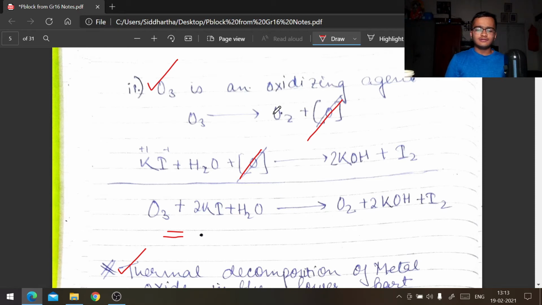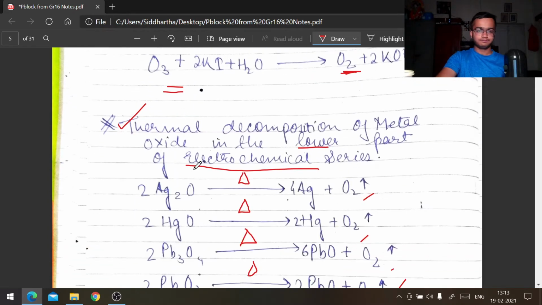So the nascent oxygen cancels out, which gives KOH and I2. If we add the two reactions, we get O3 plus 2KI plus H2O gives O2 plus 2KOH plus I2. This is a method for the preparation of oxygen.